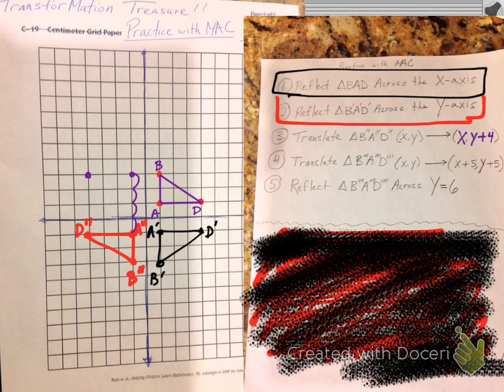And this one's up 4. And this one's up 4. Gar, there she be. Now it's D triple prime and A triple prime and B triple prime.